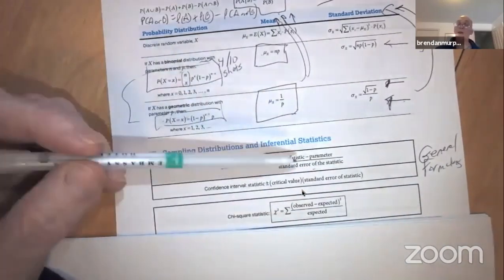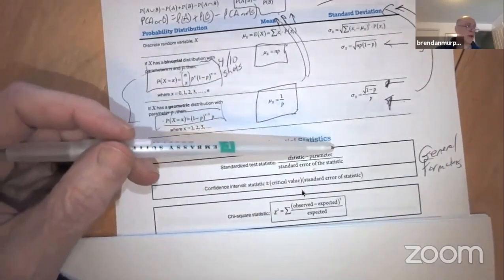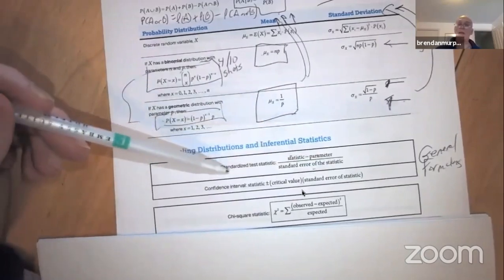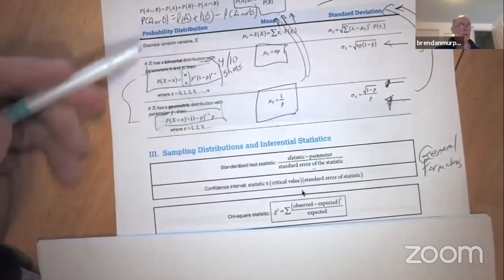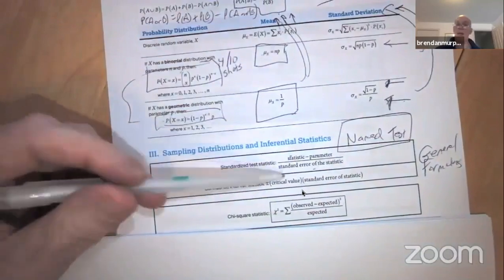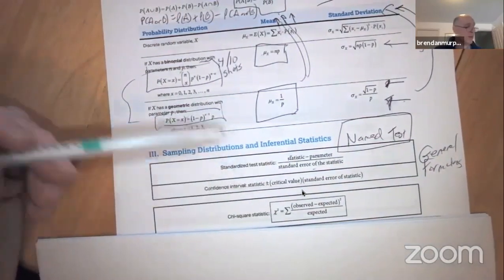Not all those specific formulas are given to you. This is somewhat general. But all the problems I did, if we named the test at the top of our paper, then we didn't need to use the specific formula here. So these are somewhat general.